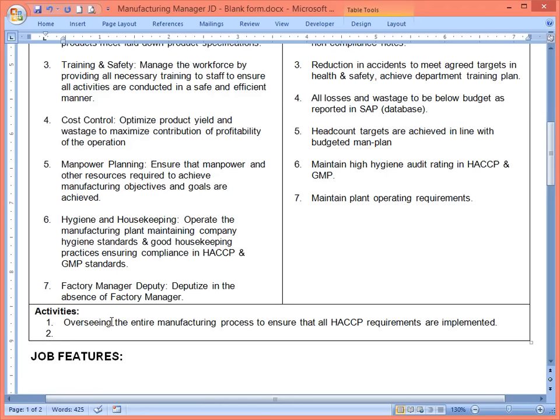That's why it's better to write overseeing rather than putting a simple present tense verb. So the continuous or progressive type of verb is better, because you're not doing it one time only. You're doing it as long as you are working in that company. It's part of your job description.